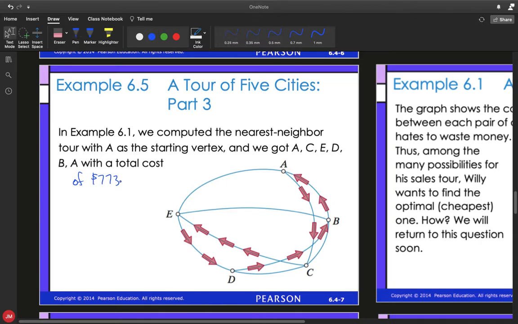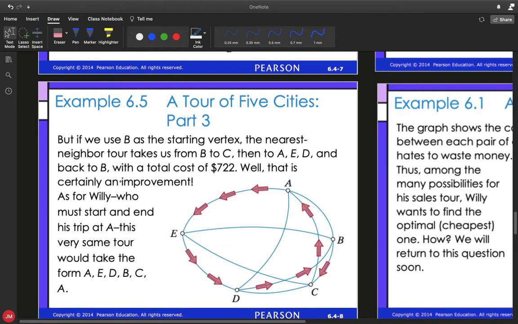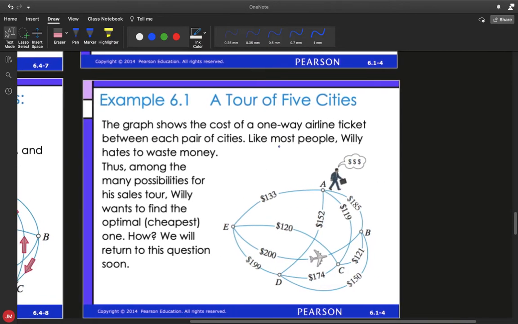Now, the next thing we're going to do is talk about the repetitive nearest neighbor idea. So instead of starting at A, let's start at B and do this a little bit differently. So if we use B as our starting vertex, let's see how this would work.